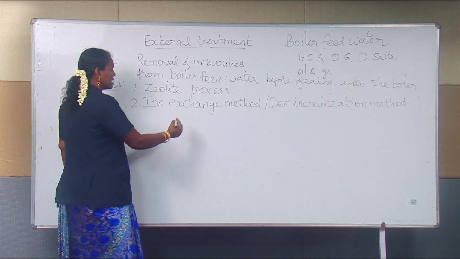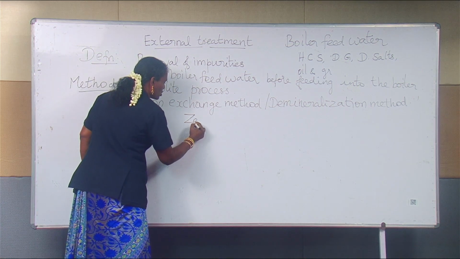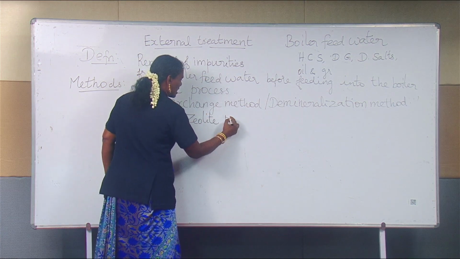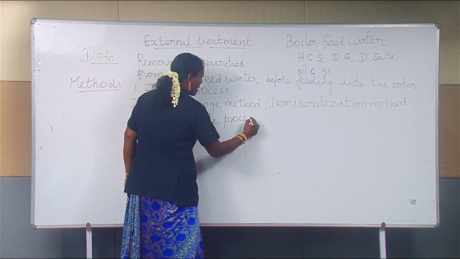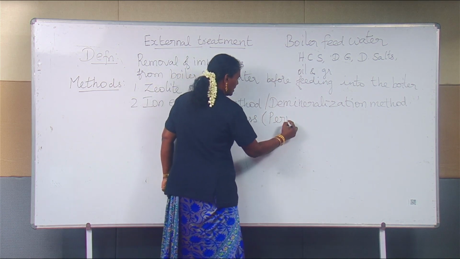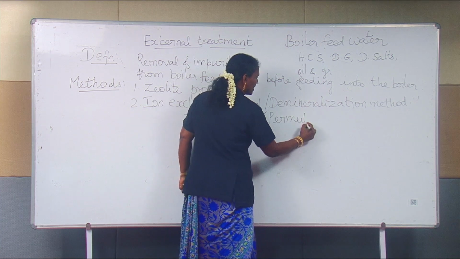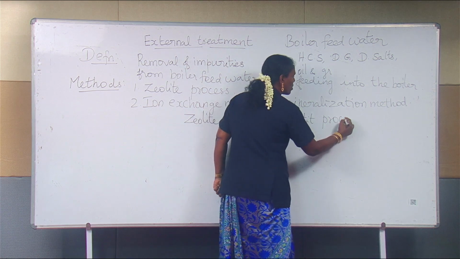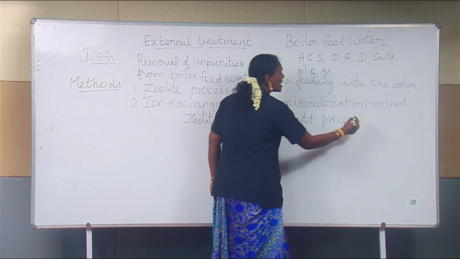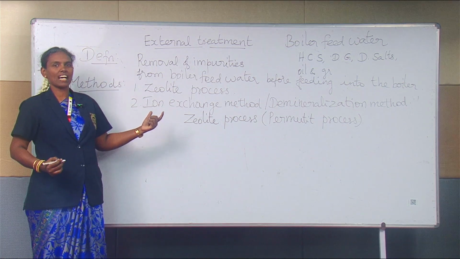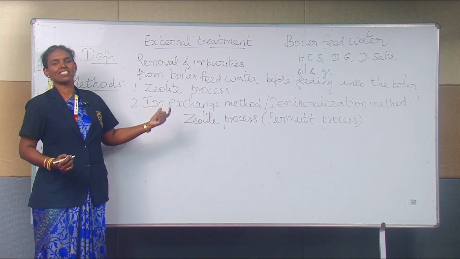If the question is to explain the zeolite process, sometimes they will ask using another name for zeolite, which is the permutit process, otherwise called the softening method. If the question is zeolite process, it is a direct question.